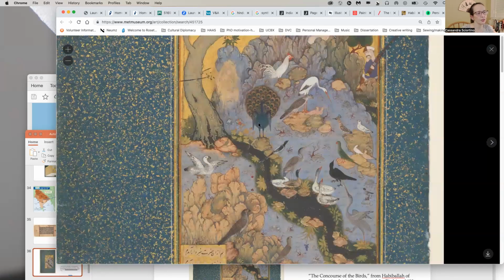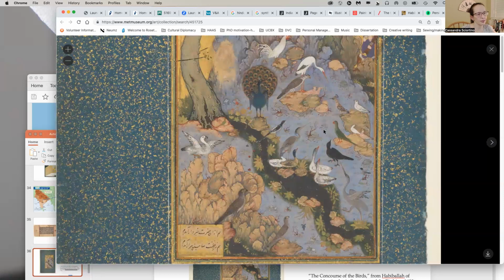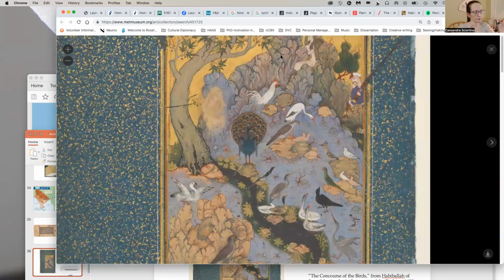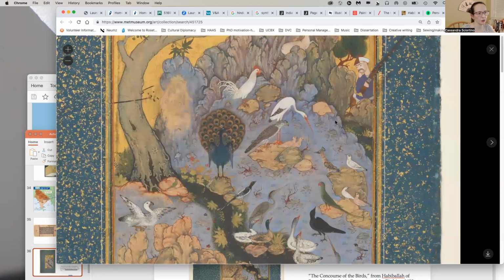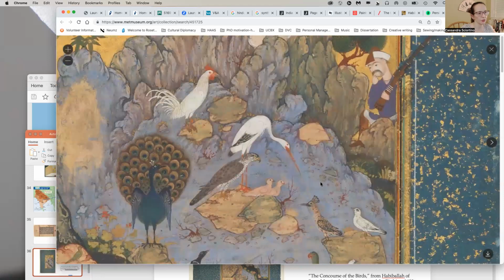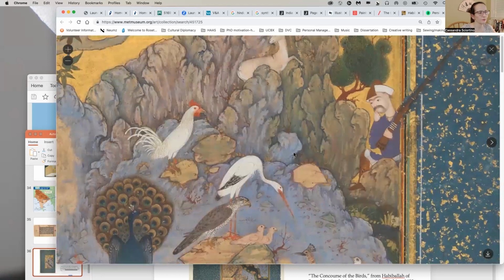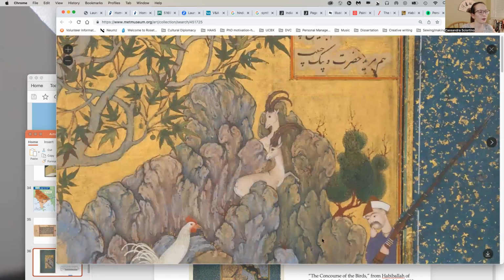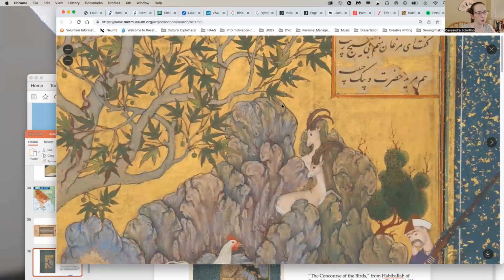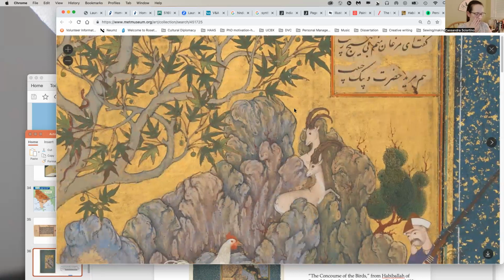So that is very different. There's not that same kind of rhythmic treatment of line when the artist works on the naturalistic forms of these birds and other foliage. And then we have a very gold ground that has no depth at all, very decorative.